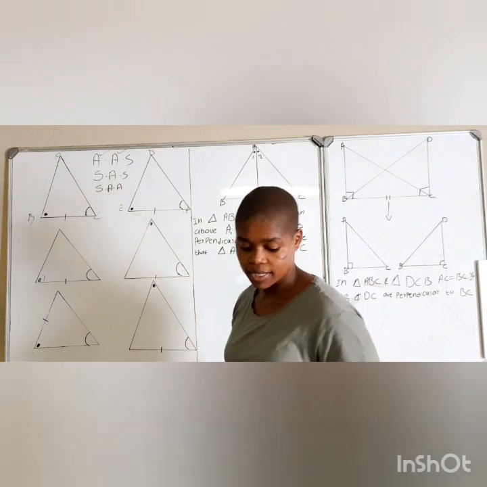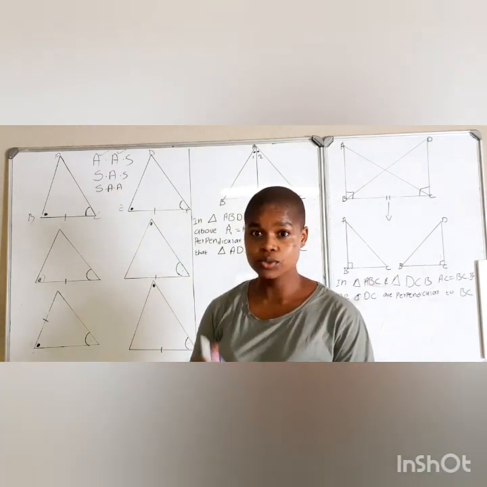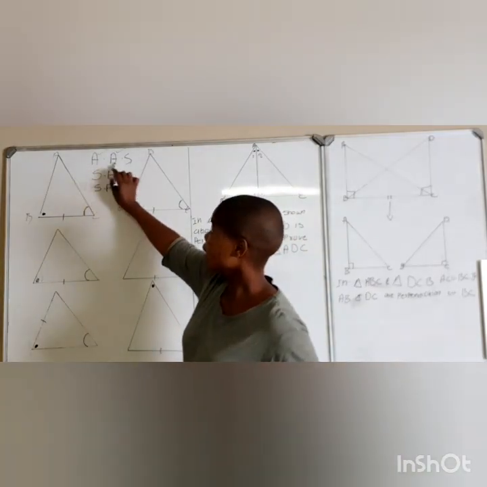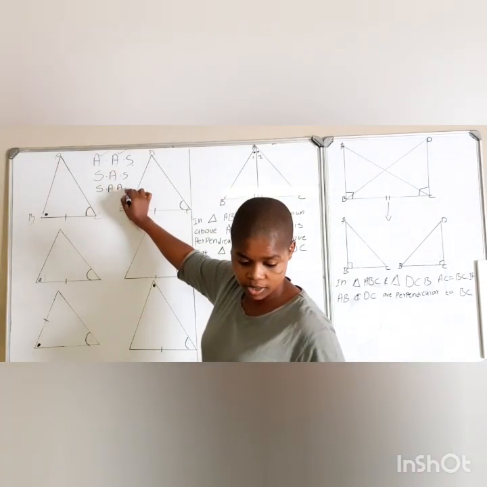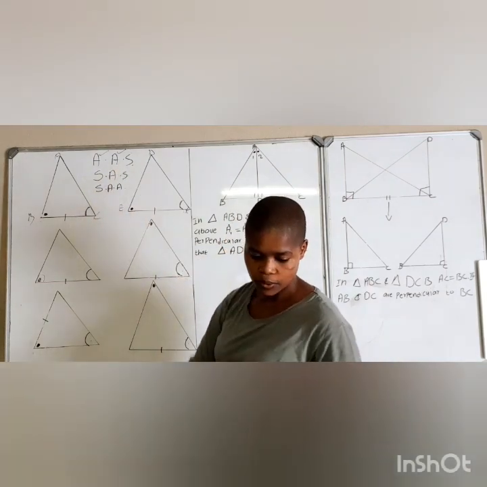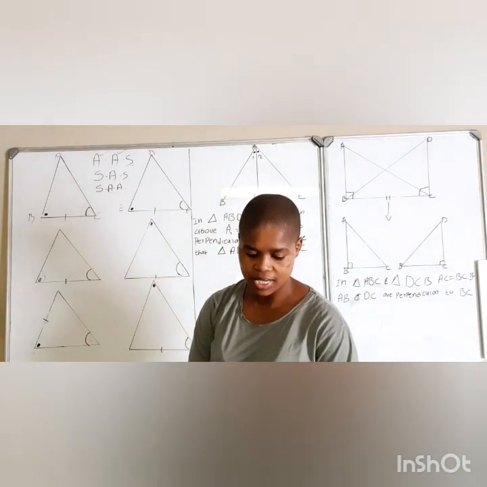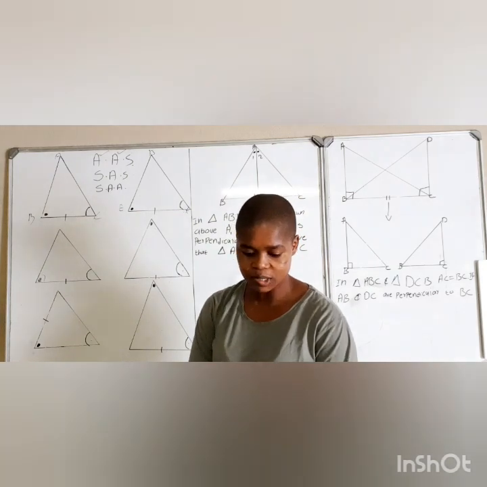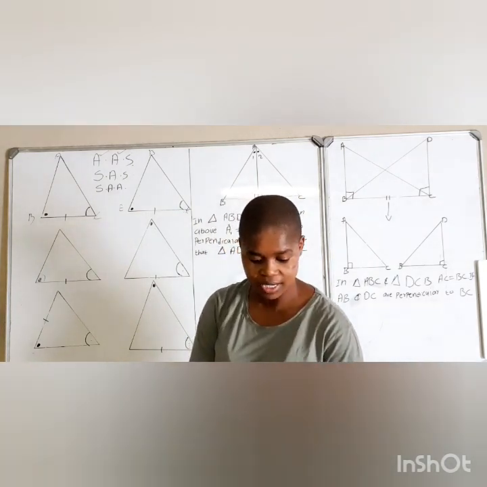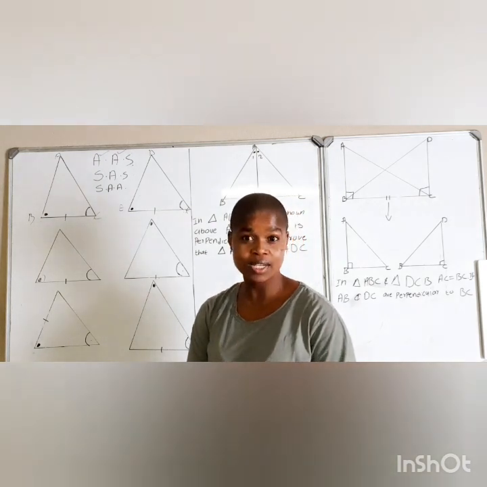One other fact I want you to note, listen attentively. When we are using AAS, to prove congruency, the angles must be in the same place relative to the equal side.